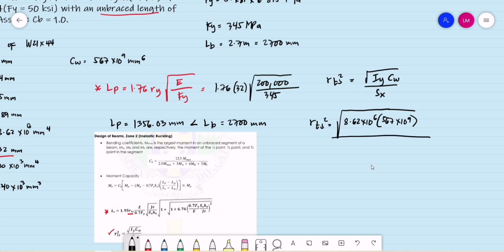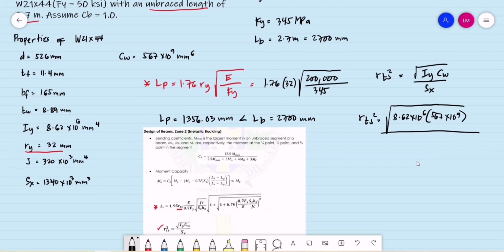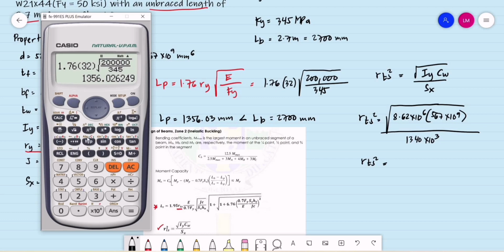Then divided by S sub x, which is millimeters to the 3, that is 1,340 times 10 raised to 3. So we have r sub ts squared now equal to the square root of 8.62.